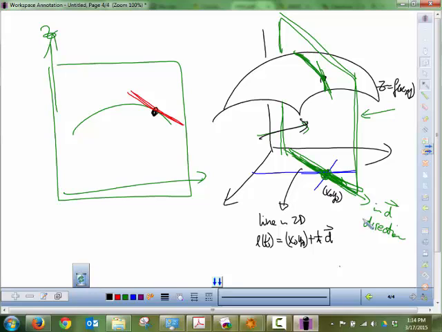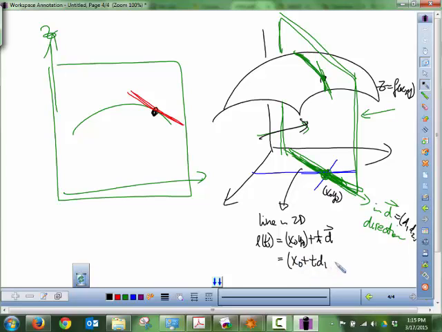Okay? That was good. So now, we need to break this up into components. Let's call it D1, D2. So this can be rewritten as x naught plus t times D1, y naught plus t times D2.